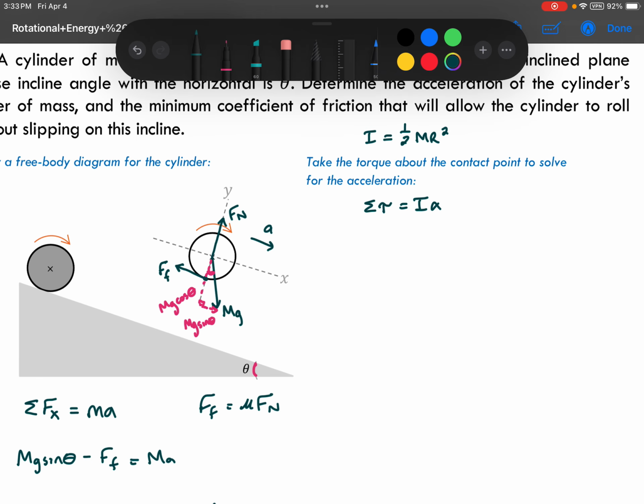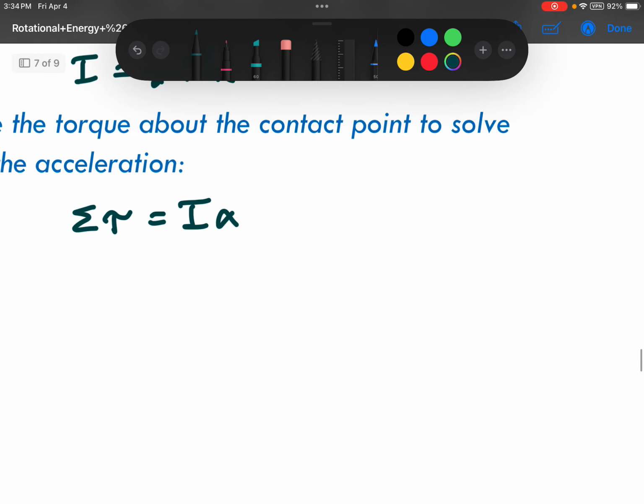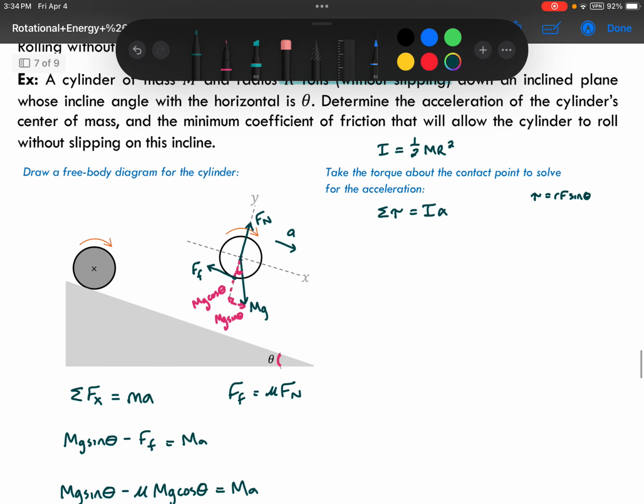The next thing we want to do is figure out what is causing the net torque. And remember, torque is rF sine theta. So we have to have a force. Well, we have three forces. We have to have a force acting some distance away from the center of rotation.